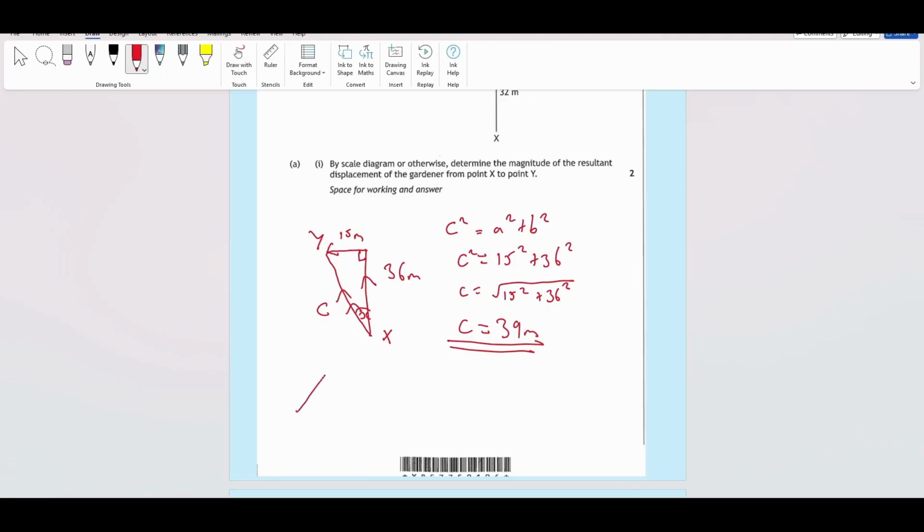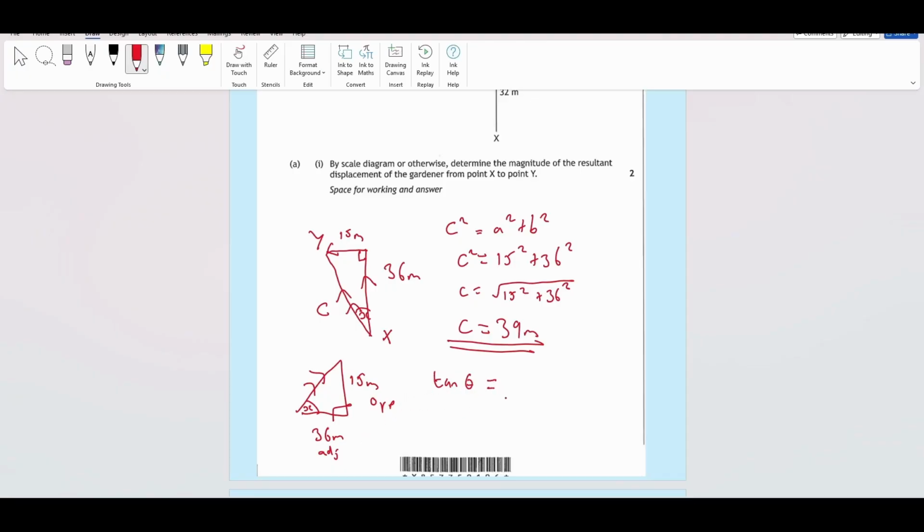So I'm going to redraw this triangle this way up to make it a little bit easier to see which sides we have. So there's the angle, and here's our other angle. Sorry, this is the right angle, and this is our resultant. So you can see that we're given the adjacent here, and this is the opposite. So I'm going to do tan theta because we have the opposite and adjacent, and it's TOA.